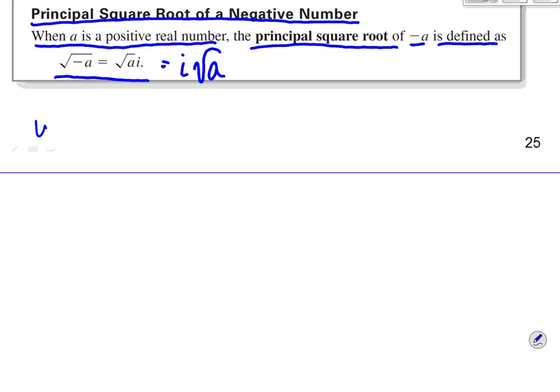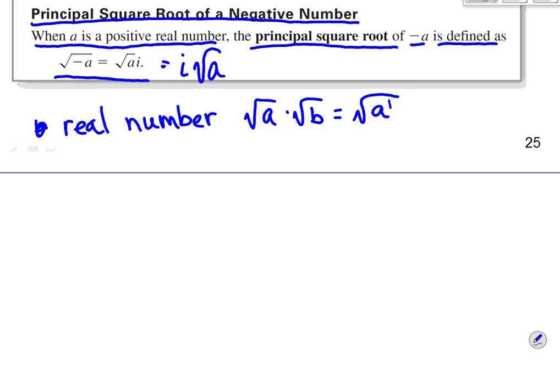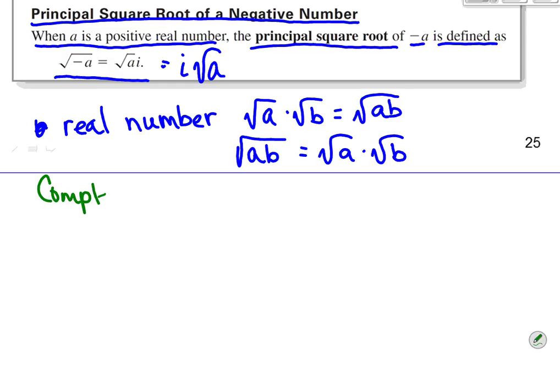When we have real numbers, we know that the square root of a times the square root of b is equal to the square root of ab, and the square root of ab is equal to the square root of a times the square root of b. But when we're working with complex numbers, things are a little bit different. For complex numbers, we have to pull that i out before we do our multiplication.